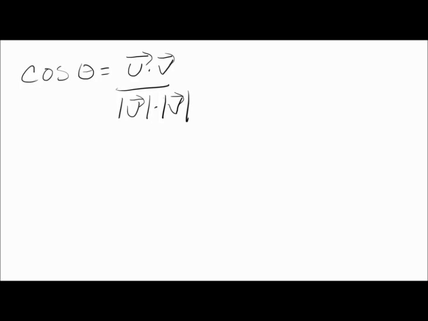Let's try an example. We're going to have two vectors, vector u and vector v, and we want to find the angle that's between them. Let's say vector u is 1, 4, and vector v is 3, 5. Now let's write our formula.